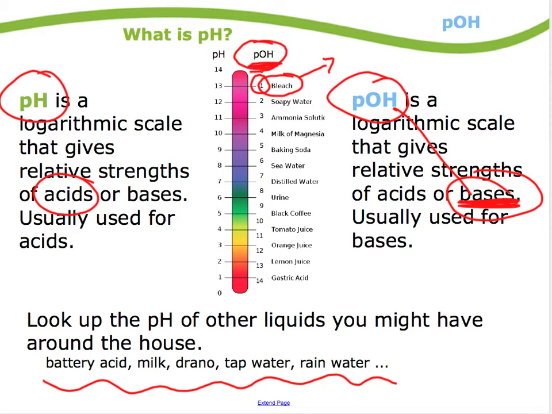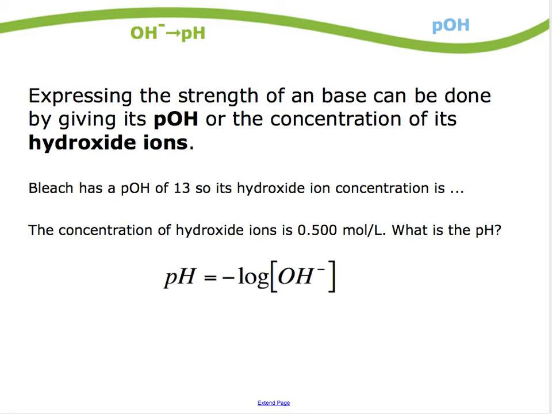So when we want to calculate the pOH of a particular substance, what we need to find is its hydroxide ion concentration. If I know its hydroxide ion concentration, I can determine the pOH of that solution.